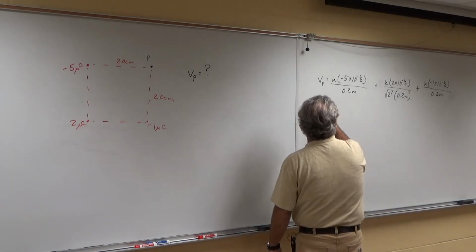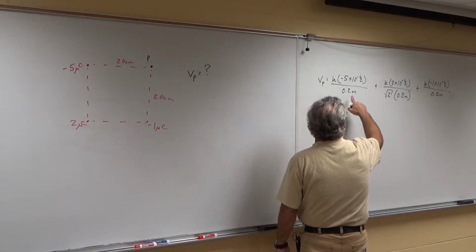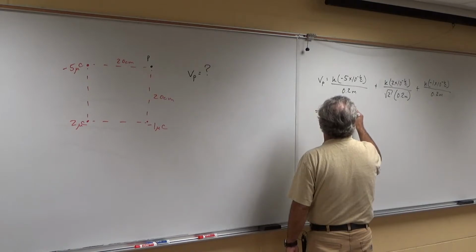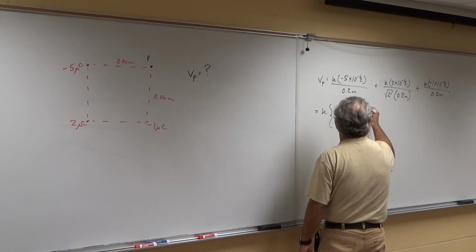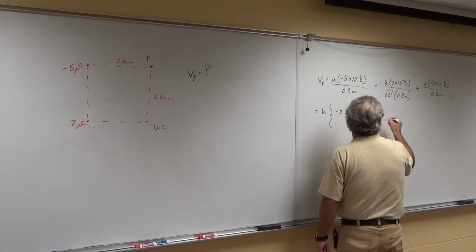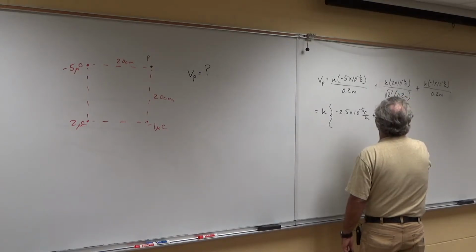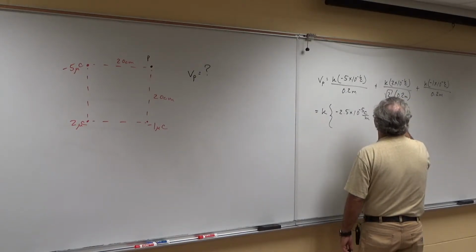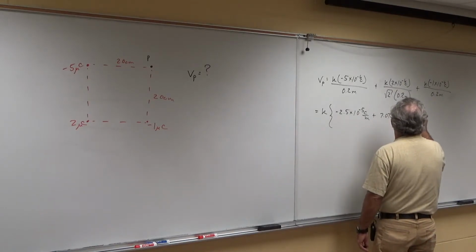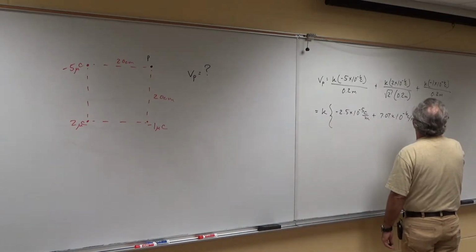So let's see. I'll go ahead and do the calculation. I'll bring K out front. What is this? -2.5 times 10 to the -5 coulombs per meter. This is 7.07 times 10 to the -6. I'm doing this in my head, so somebody correct me if I'm wrong.